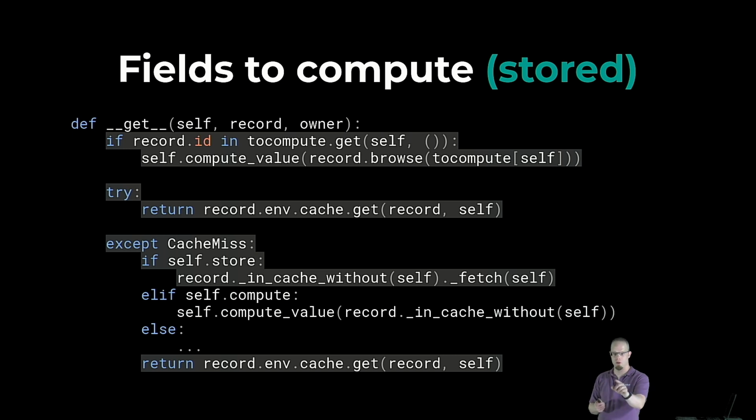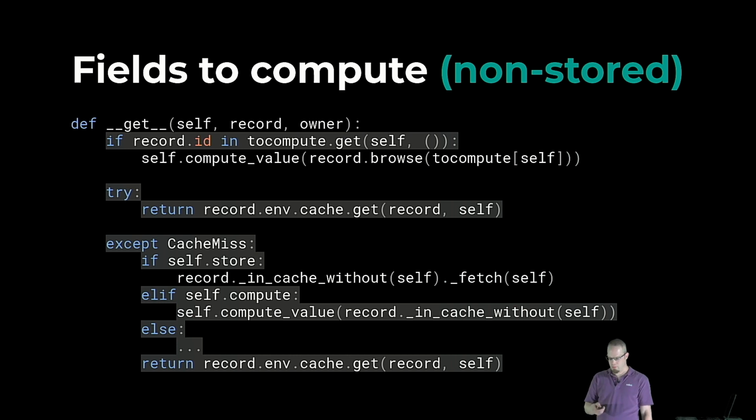This is what the fetch method will do. You first look at the records to prefetch, determine the ones that don't have a value in cache, and you call the fetch method on them. Then once you're done, you access the cache again, and you should have what you look for in that cache.